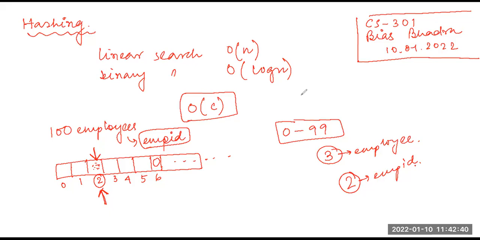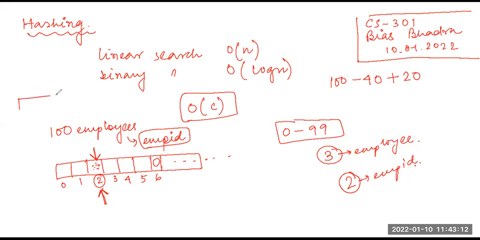Suppose in the first year, I start my company with 100 employees. In the second year, 40 employees have left my company. In the third year, 20 more employees join my company.